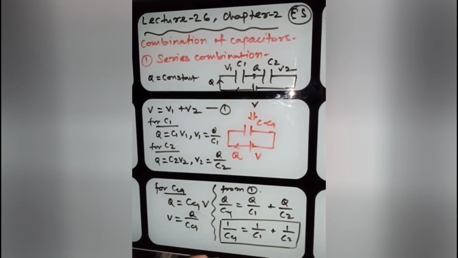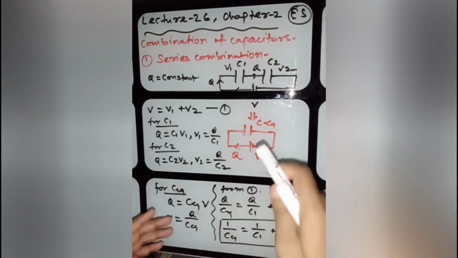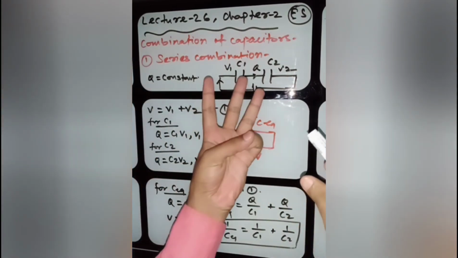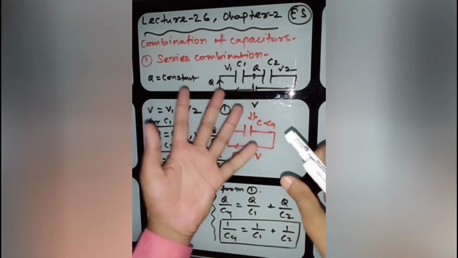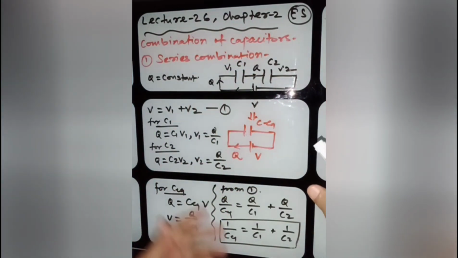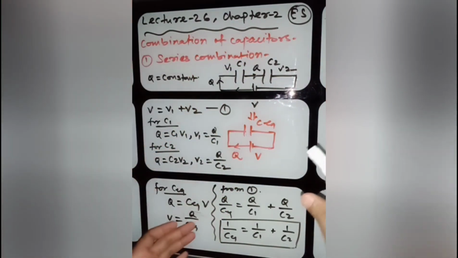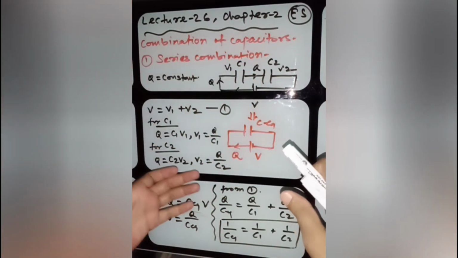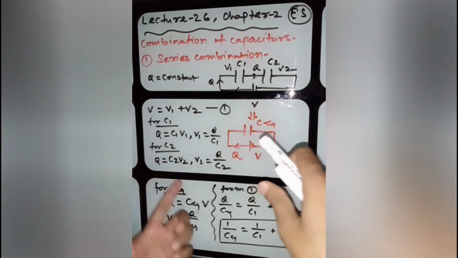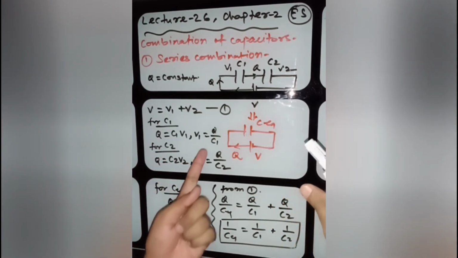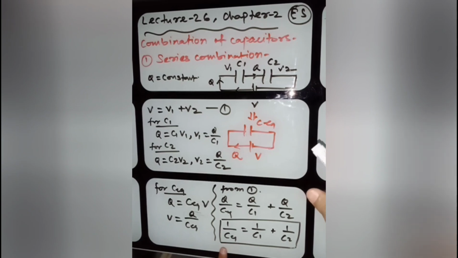Okay student, can you analyze what the equation should be if we had used three capacitors? For three capacitors, all the things will be the same, but another term will be added, that is Q by C3, and then the equation will be 1 by C equivalent equals 1 by C1 plus 1 by C2 plus 1 by C3.